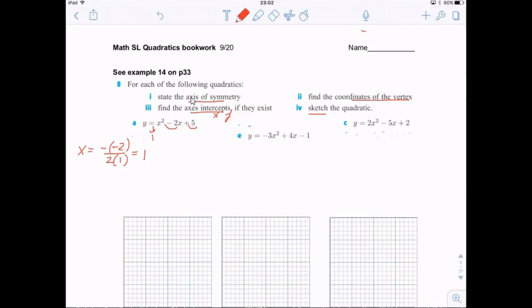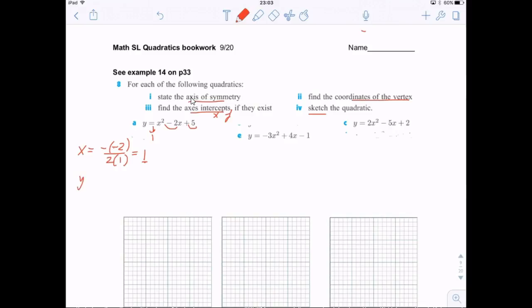To find the coordinates of the vertex. We already found the axis of symmetry value, and once we find that, we can use that to find the vertex. Actually, it's already half the vertex, right? Because the vertex is the x value of the axis of symmetry, and then it's the y value that corresponds to that. How do we find the y value that corresponds to this x value?